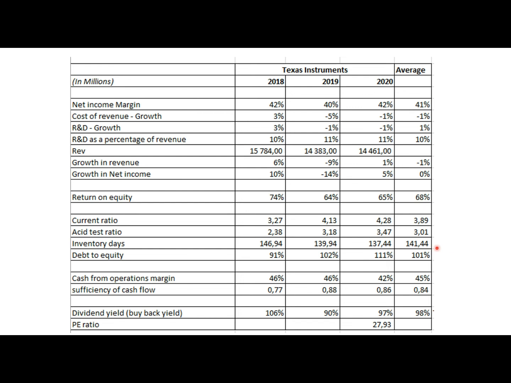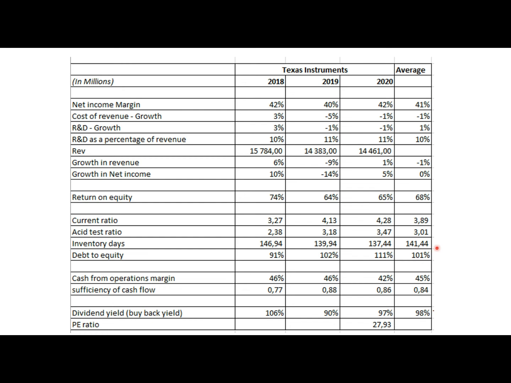So considering other liquidity measures, they do paint a strong balance sheet, even though the inventory days are below the industry average. It's not an additional liquidity risk. Texas Instruments does hold inventory for far longer than the industry average, far longer than it should. But the overall liquidity risk is low, and considering that the costs have decreased, it does not appear that holding this inventory is really eating into margin.